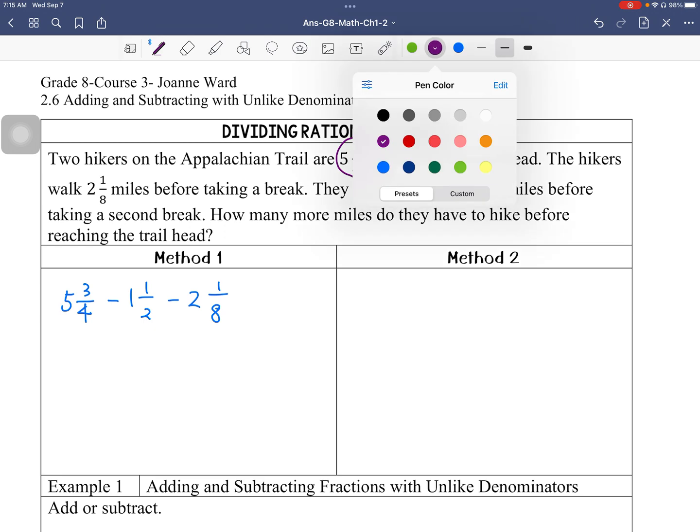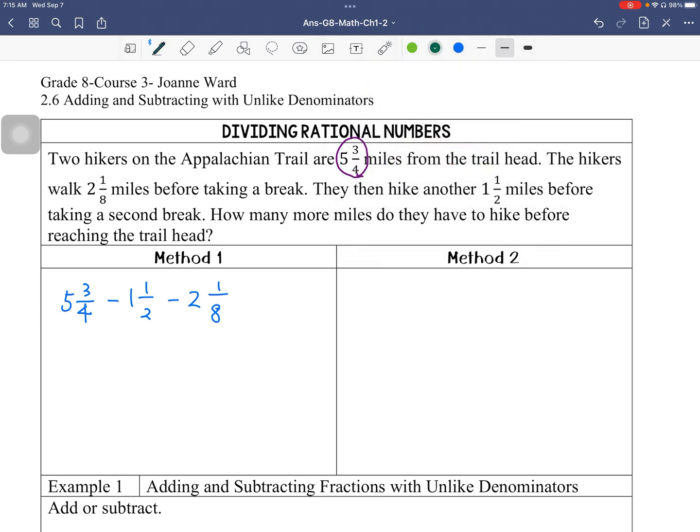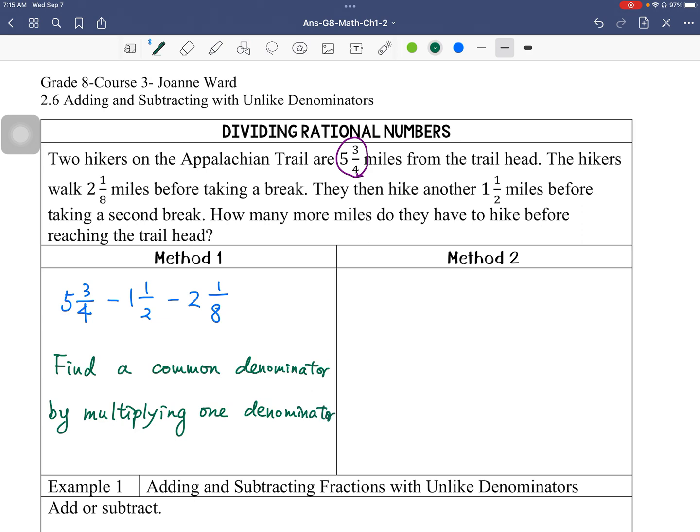Okay, so the first method is that I want to find a common denominator by multiplying one denominator by another denominator.